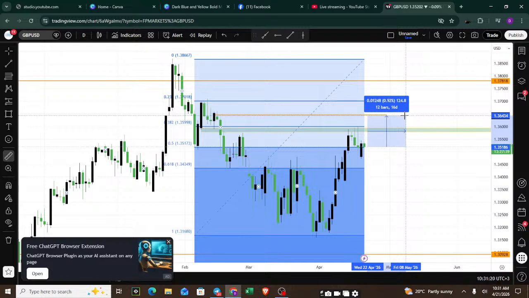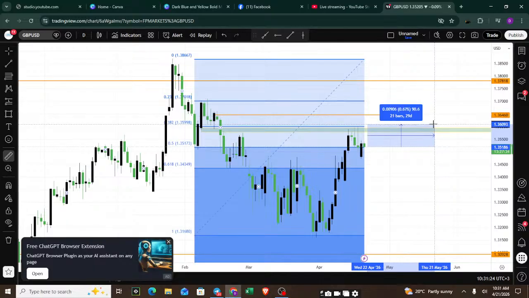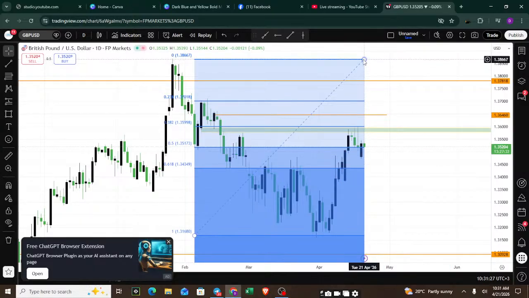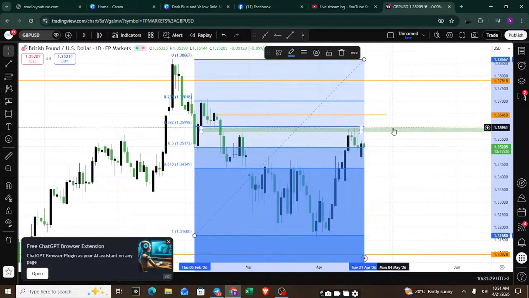So around 124 pips. Because this is the optimal trade entry when we take this swing high and this swing low. So our optimal trade entry.